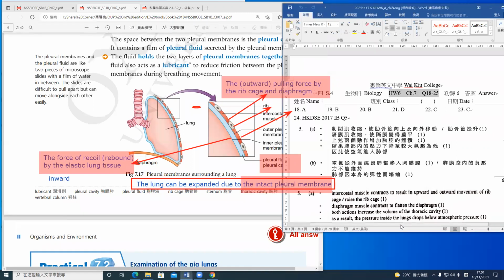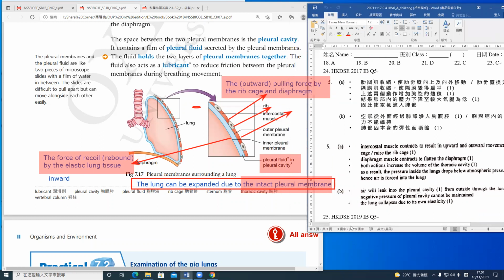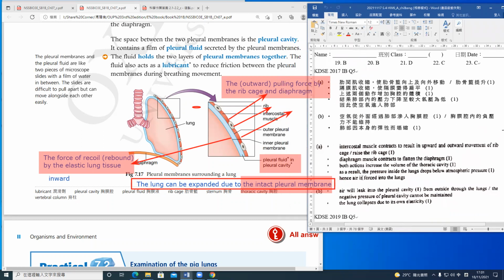So let's go to my model answer. My model answer tells you that air will leak into the pleural cavity, and so the negative pressure of the pleural cavity cannot be maintained.